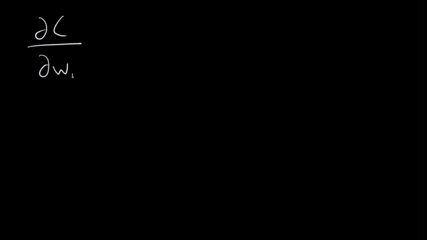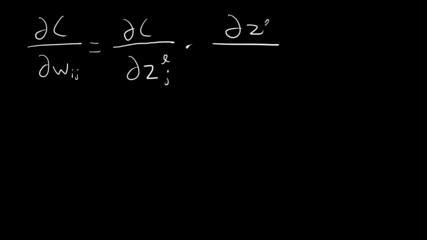We're going to look at how a change in weight w_ij affects the cost function. So let's do some expansion with the chain rule. We can rewrite this as the change in the cost with respect to z^L_j, times the change in z^L_j based on weight w_ij.